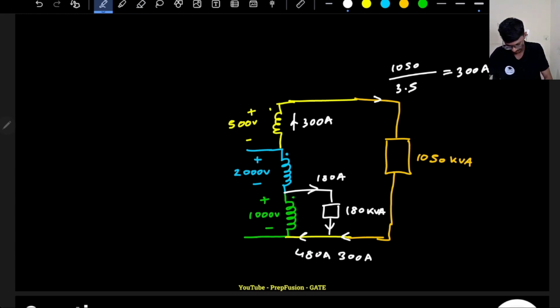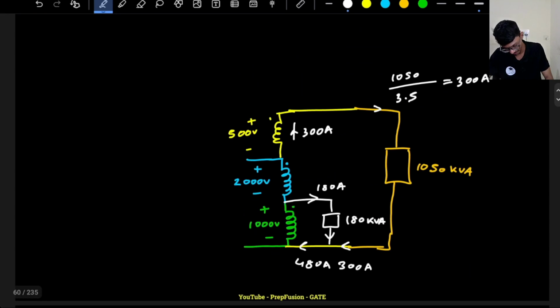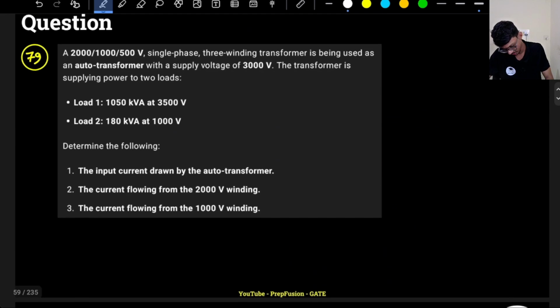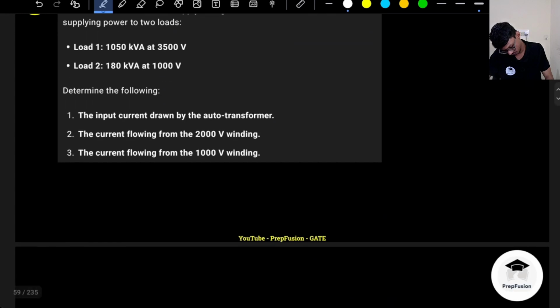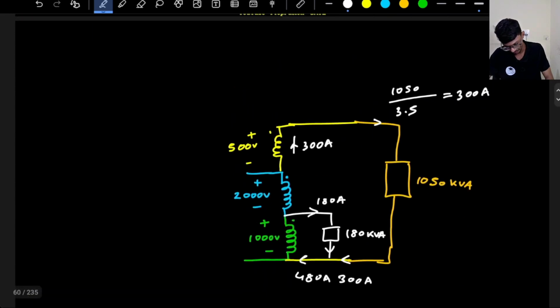Okay, fine. What about the other, they are asking what will be the supply current? Okay, so how do I find out the supply current? Do I know any other information? How do I find out the supply current? That is what I'm trying to think.